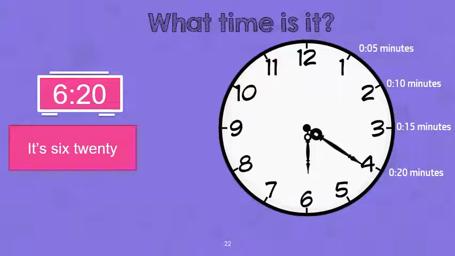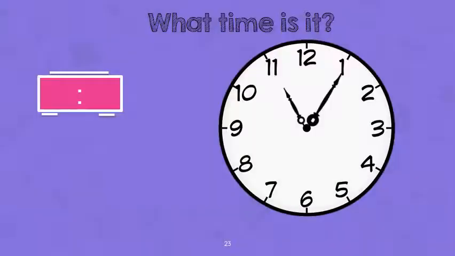It's 6:20. Okay, now pay attention on this one, because this one we have a little bit different. We have the small pointer pointing to the 11 and the big pointer pointing to the 1. So it's 11 for the hour and 5 minutes for the minutes.